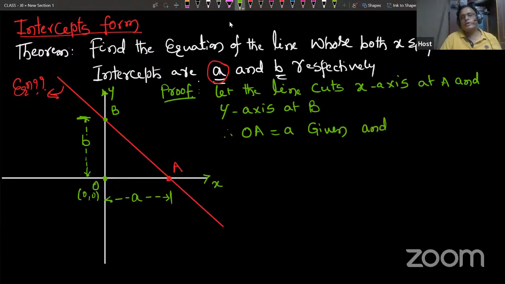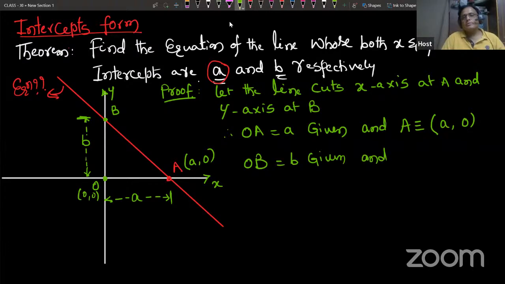Can anybody tell me the coordinates of A? The coordinates of A are A, 0, because x-intercept is given. And OB is equal to B, this is also given, that is y-intercept. And the coordinates of B are 0, B.